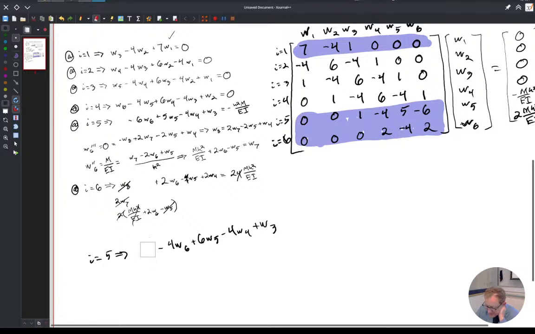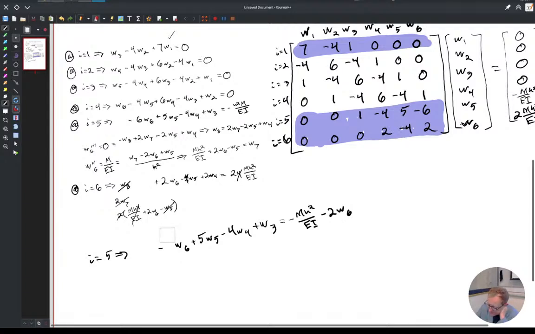so let's get rid of that, equals negative mh squared over e I, negative 2w6 positive w5. So 6 becomes 5. Negative 2, add negative 2 to negative 4.